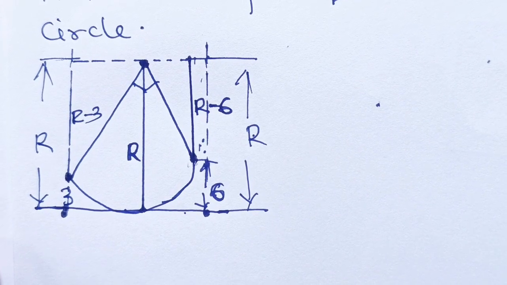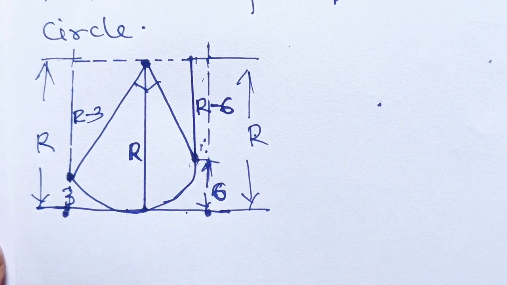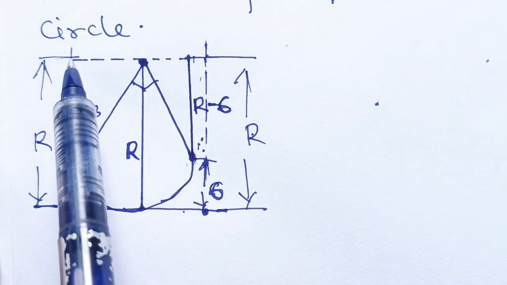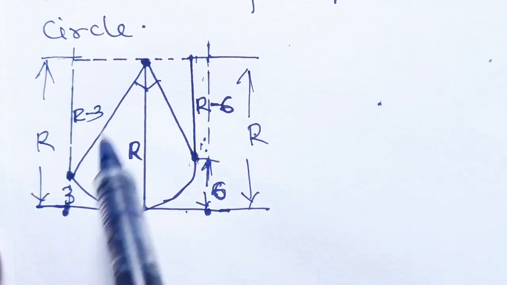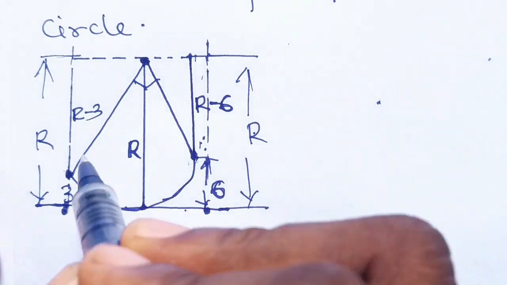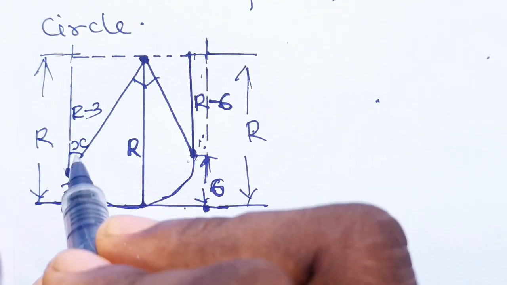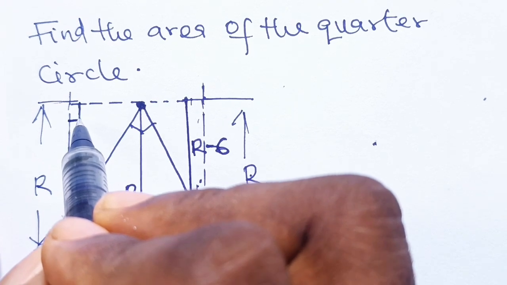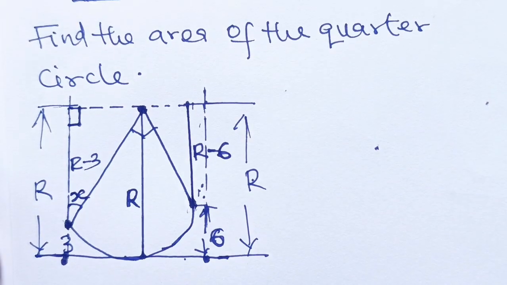Okay, now I want us to look closely at what I'm about to do. Let us focus on this triangle. If we call this place x, remember that this is a right angle, meaning that this is 90 degrees.